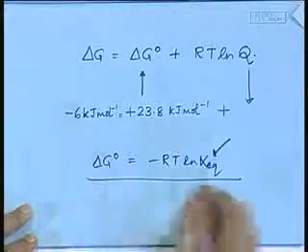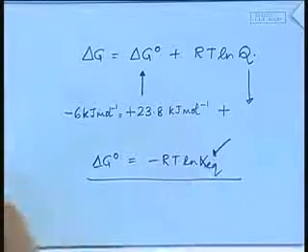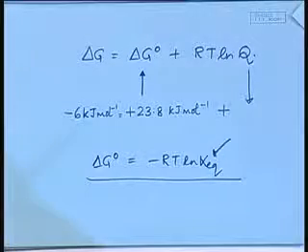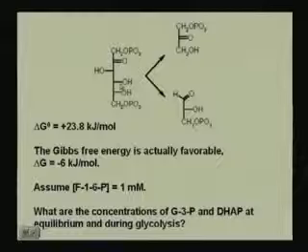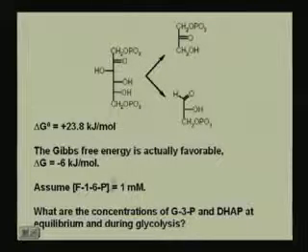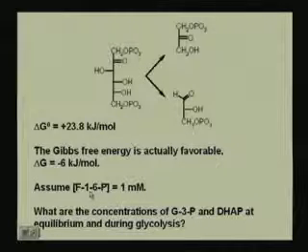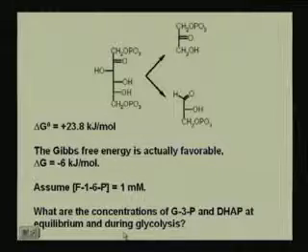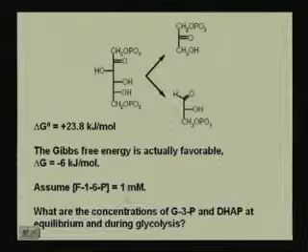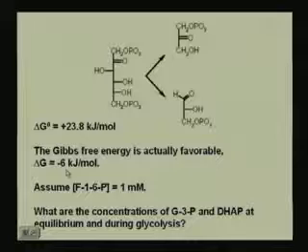I can also get the ratio of the products to the reactants based on considering a 1 millimolar concentration of fructose 1,6-bisphosphate, and I can also find the same ratio during glycolysis where my reaction is actually favorable. Okay.